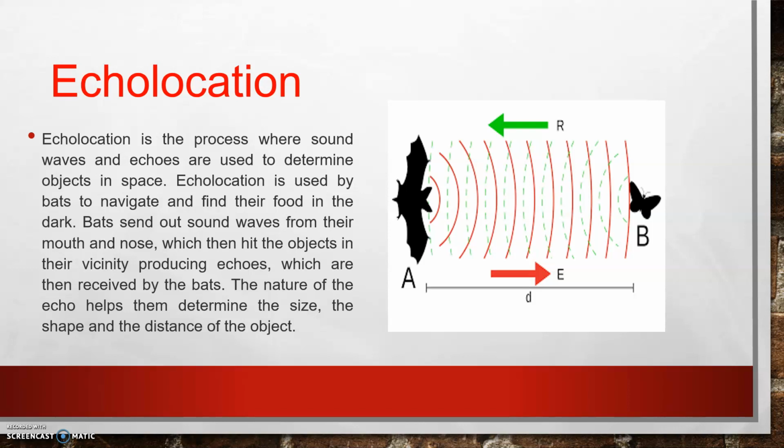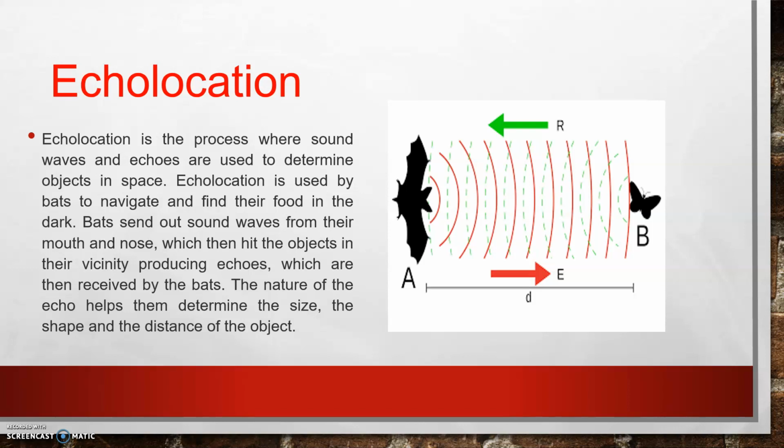Bats send out sound waves from their mouth and nose, which hit the objects in their vicinity, producing echoes, which are then received by the bats, and the nature of the echo helps them to determine the size, shape, and distance of the objects. This is how bats hunt for food in the darkness.